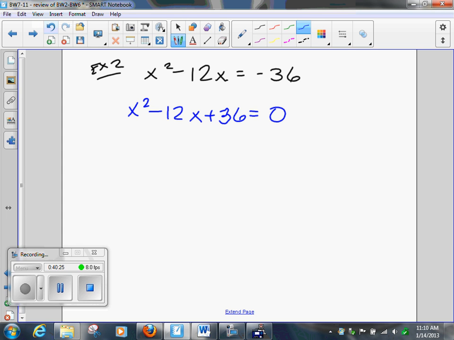Are we cool now? Give me 2 factors of 36 that when you add give you 12. 6 and 6. My signs same or different? Same, they're both going to be minuses. My factors are x minus 6 and x minus 6. How many solutions do I have?